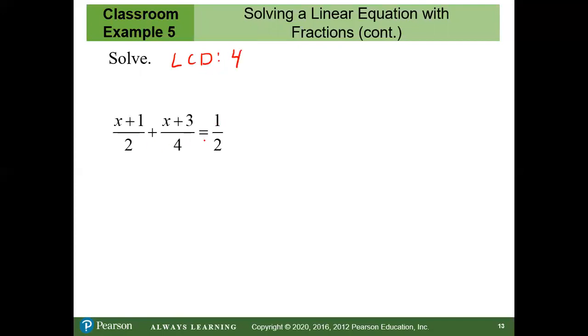So all we have to do is multiply each and every single one of these fractions by 4, and that will get rid of the denominators. So I am going to multiply each and every one of these fractions by 4. So times 4, times 4, times 4.